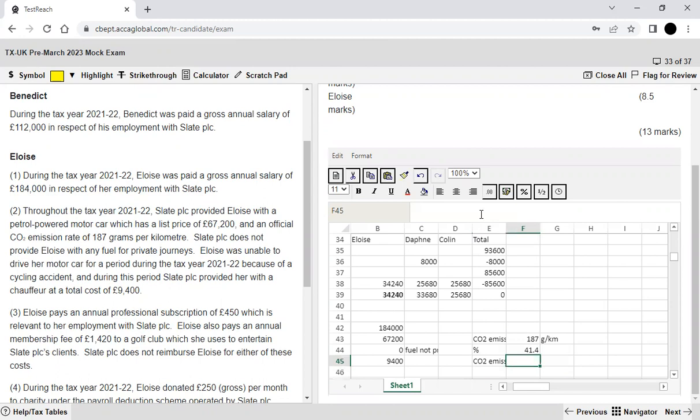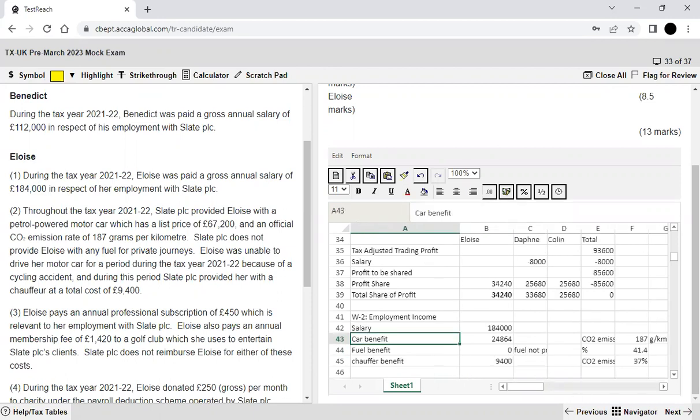Restricted to 37. Is there any reimbursement, capital contribution, month apportionment type of stuff? The answer for all of these things is no. So no need.